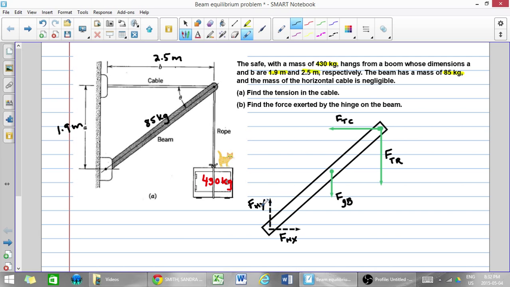So we're going to be trying to solve for the two components of the force from the hinge and the force of tension in the horizontal cable.